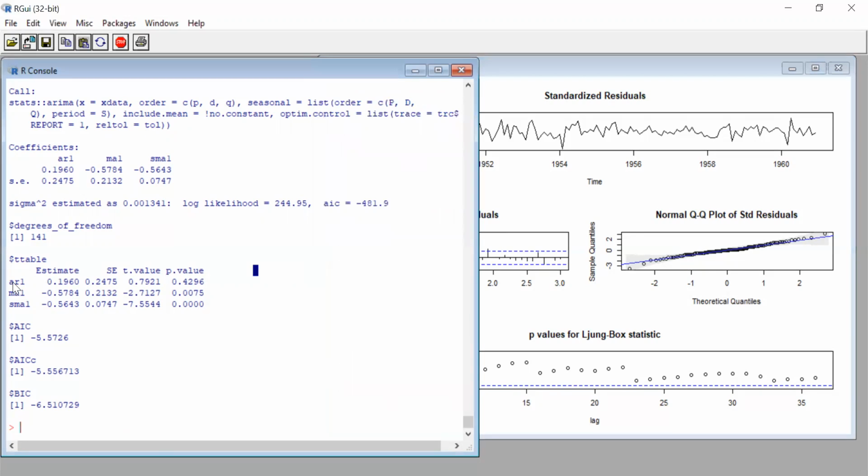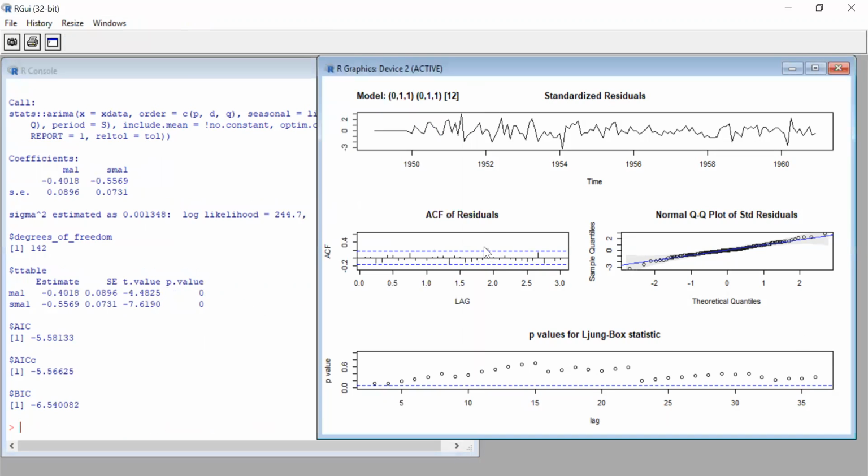And still the AR1 is not significant, but now the capital Q, the seasonal MA1, is significant. So it is not bad. So let me try again. One more: delete the small p because it was not significant. So let me try this one again.